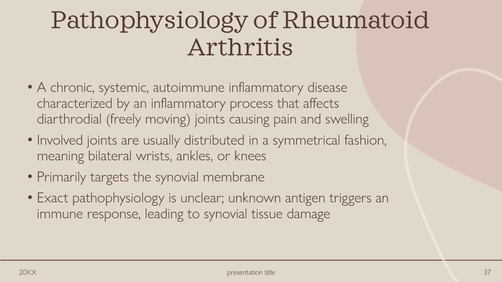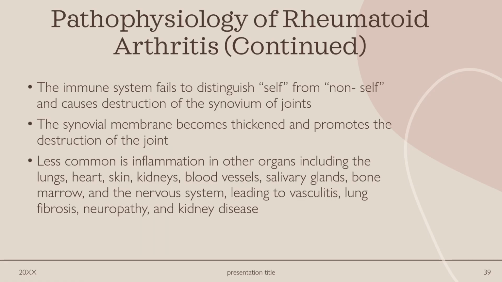So now, again, if we are comparing with osteoarthritis, it is only going to be on one side of the body. It's going to be unilateral, whereas with rheumatoid arthritis, it is going to be bilateral, meaning it's going to happen in both wrists, both ankles, both knees. So the immune system in rheumatoid arthritis will fail to distinguish self from non-self, and this will cause destruction of the synovium of joints.